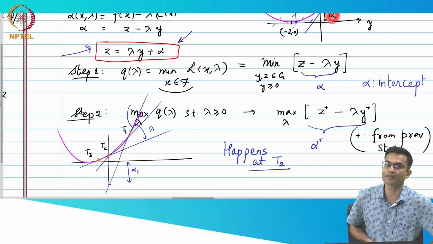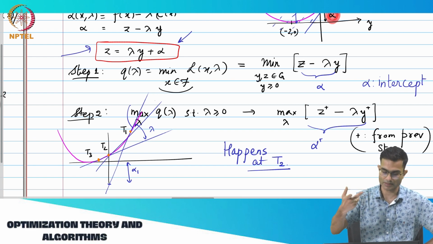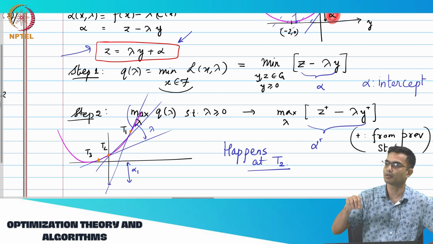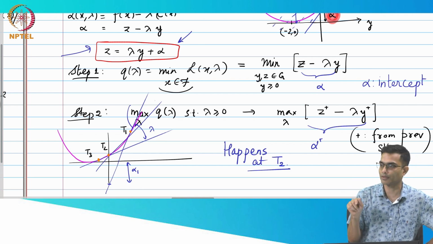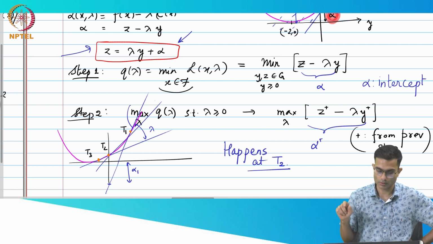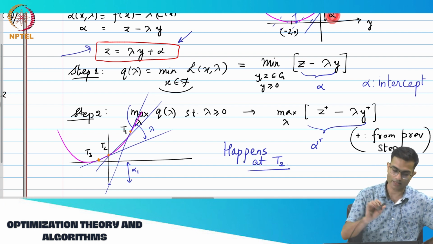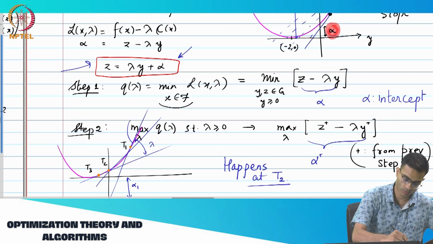What am I allowed to vary? Lambda. Lambda is in my hand. Right. So, you can quickly alternate between step 1 and step 2. Q, you have to give me a lambda. If you give me a lambda, I will give you a Q. How will I give you a Q? I will basically find out a tangent line to G. That is my Q, right.